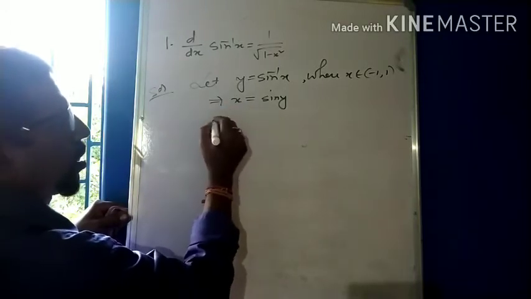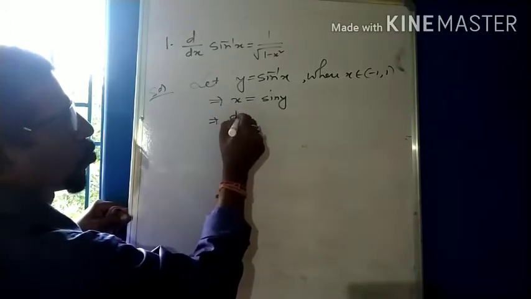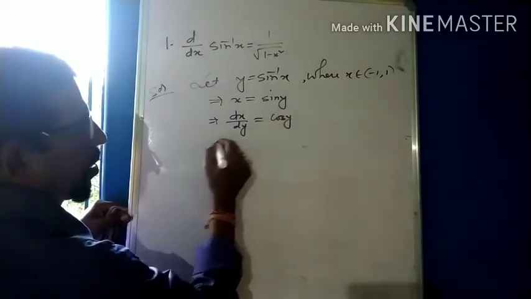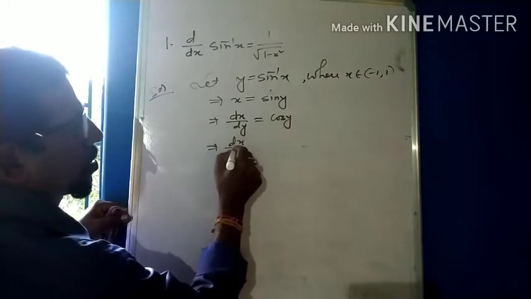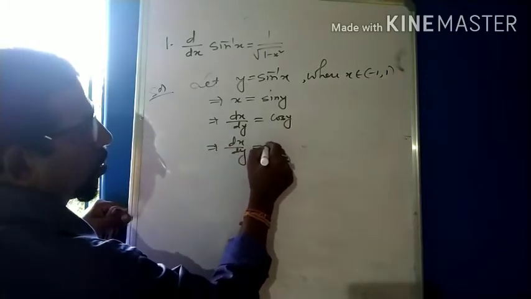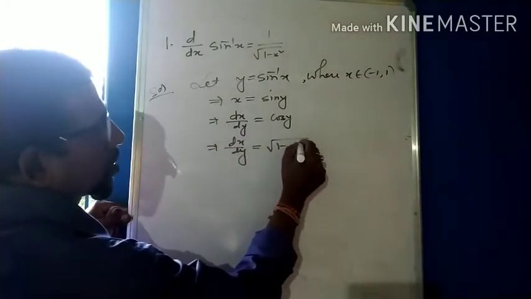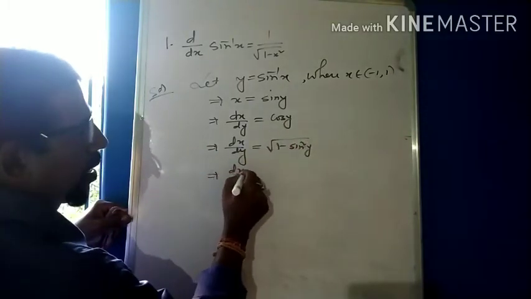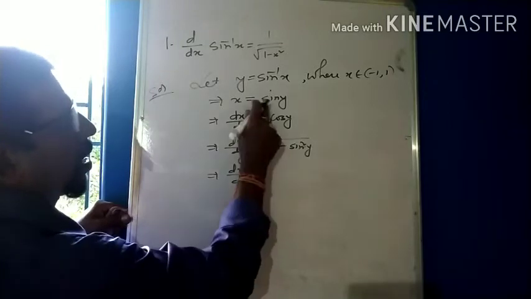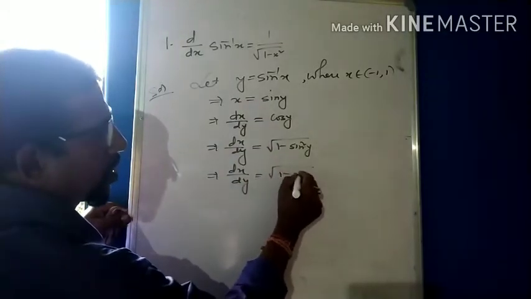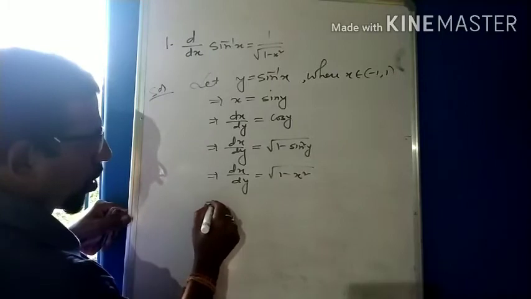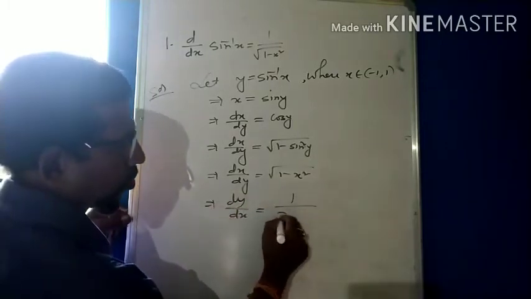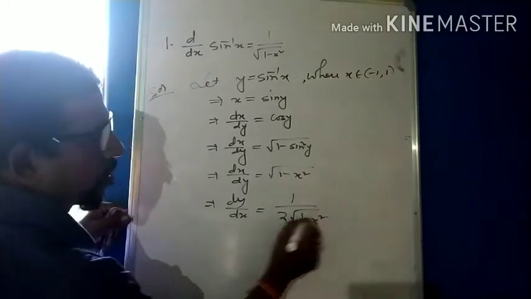If you differentiate with respect to y, dx by dy will be cos y, and cos y is positive, so it will be root over 1 minus sin square y. Formula: cos y equal to root over 1 minus sin square y, and sin y is x, so it will be root over 1 minus x square. So if you take the reciprocal, dy by dx will be 1 by root over 1 minus x square.